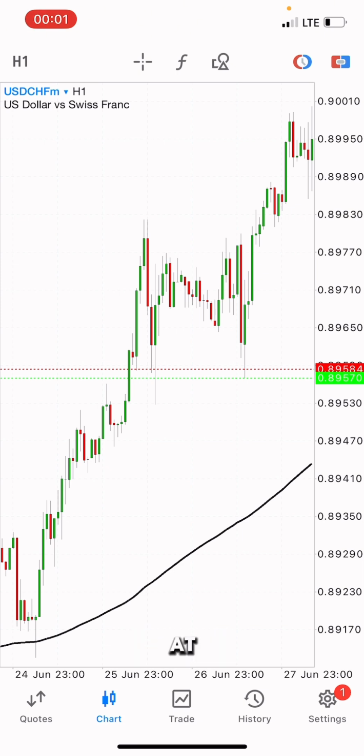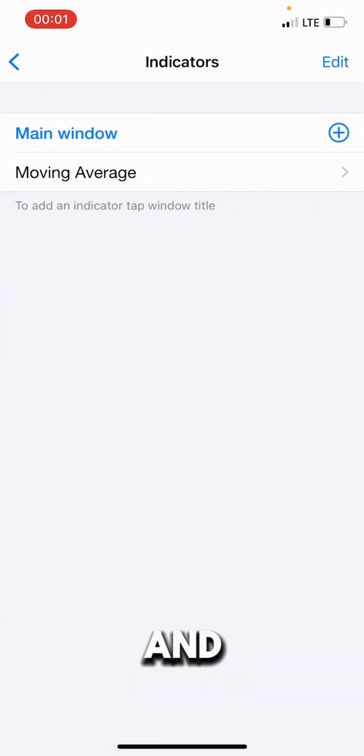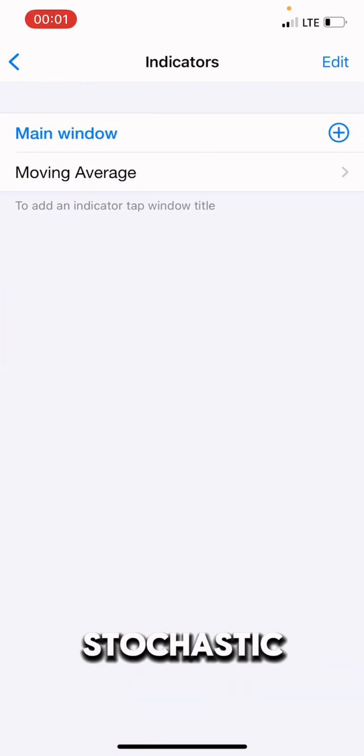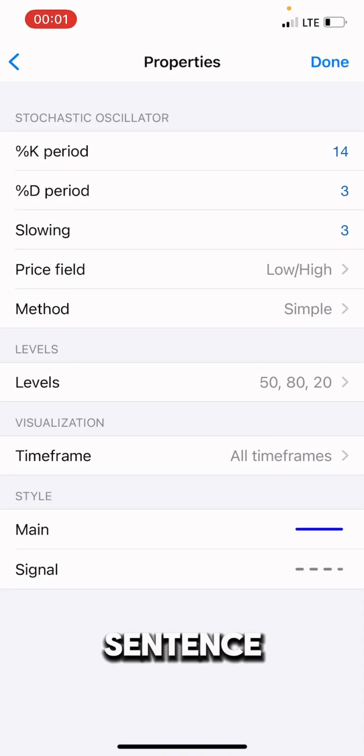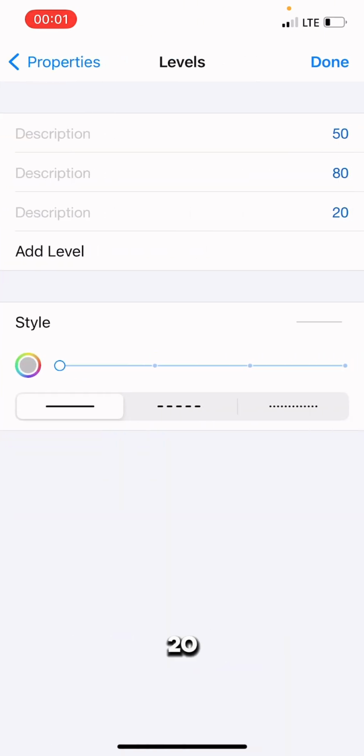The next thing we have to look at is how to identify the momentum of the market. So we go back to our indicator button and add the stochastic oscillator. In the settings here, you would see the stochastic oscillator as 5, 3, 3. I want you guys to change the K period to 14, the D period to 3, the slowing should be 3, price field should be low and high, the method should be simple, and the levels should be 50, 80, and 20.